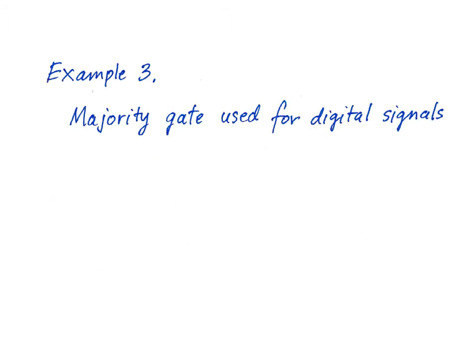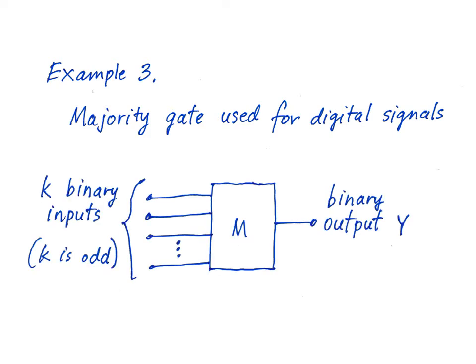The next example, and the next few examples actually, deal with digital signals, binary signals, and I will introduce a special gate called the majority gate. This gate has an odd number of inputs, and they are binary, and it has a binary output, call it y. Y is a function of these inputs.